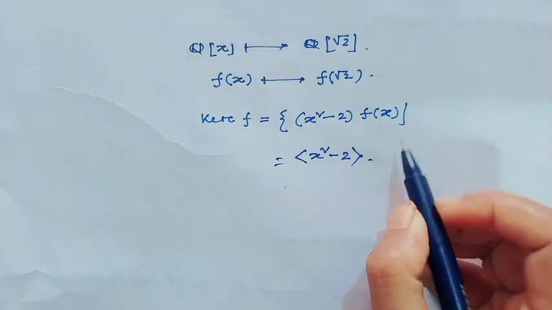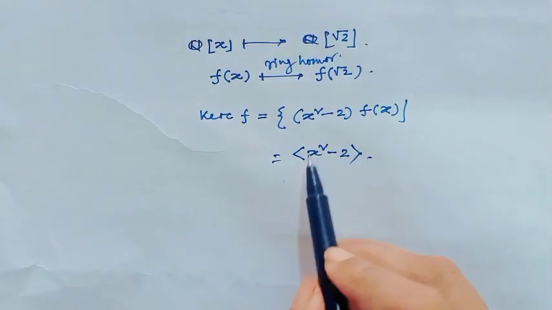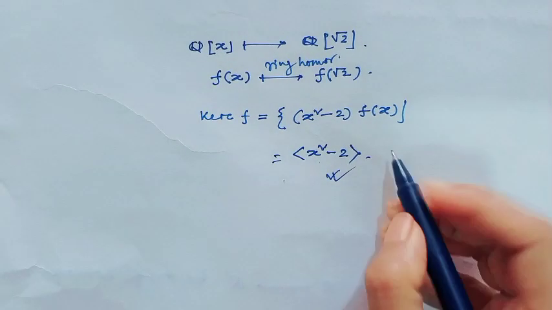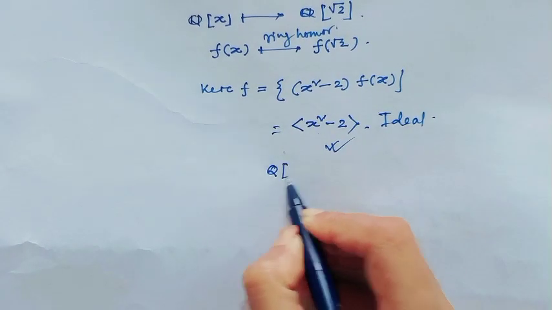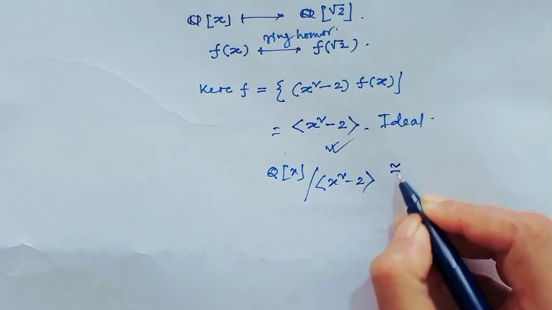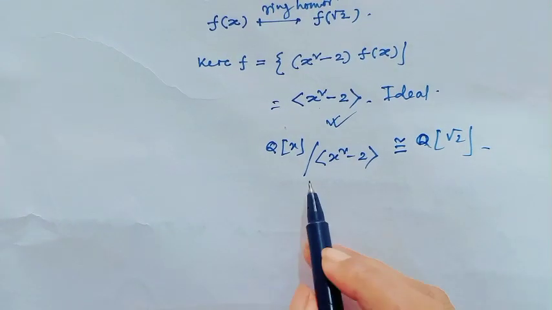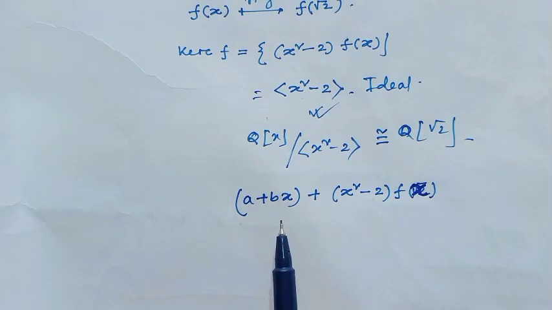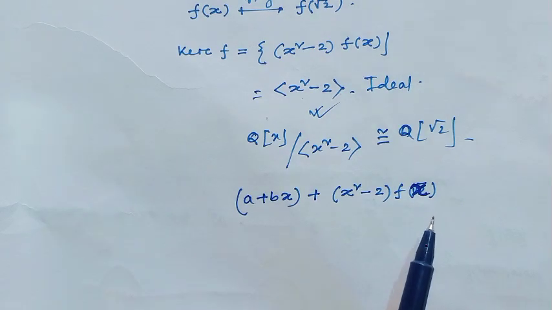Since this is a ring homomorphism and the kernel of this ring homomorphism is this, obviously this is an ideal and we can tell Q[x] mod the ideal generated by x squared minus 2 is isomorphic to Q[square root of 2], because here the coset looks like a plus bx plus (x squared minus 2) times f(x).